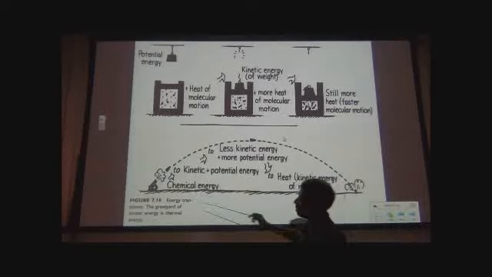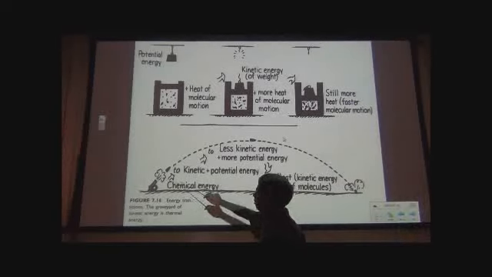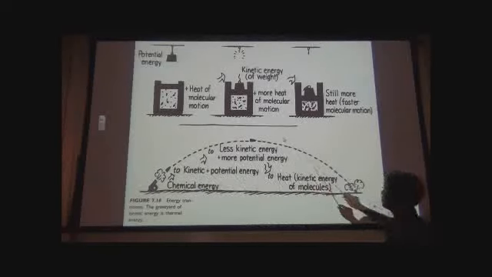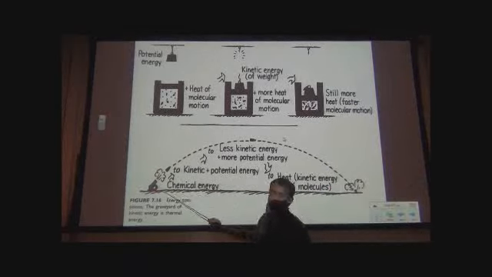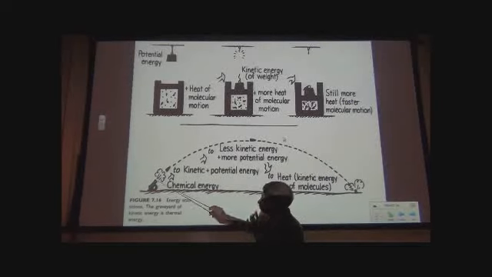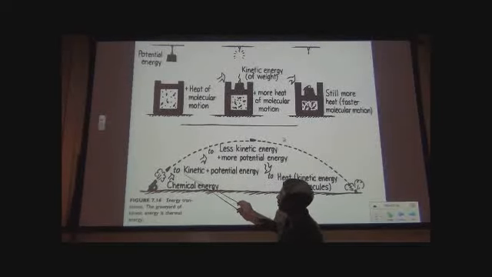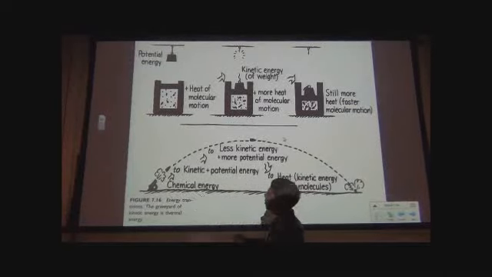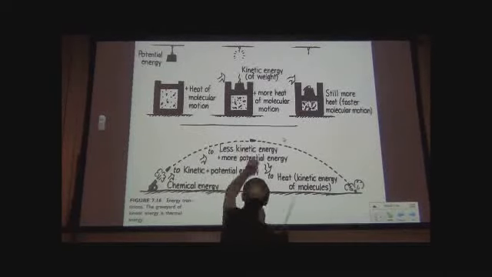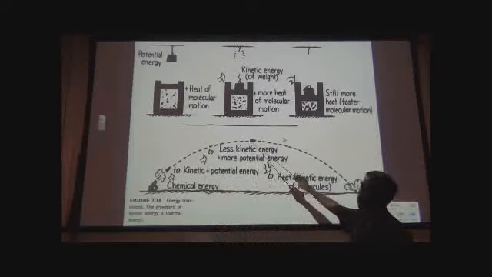Another example here: you have a cannon shooting a cannonball that travels up to the top and then travels down and ends up here. The gunpowder stores energy in the form of chemical energy. Set fire to it, spark, whatever. The chemical energy gets converted into the kinetic energy of the cannonball. As it travels up, the kinetic energy gets converted into gravitational potential energy up here.